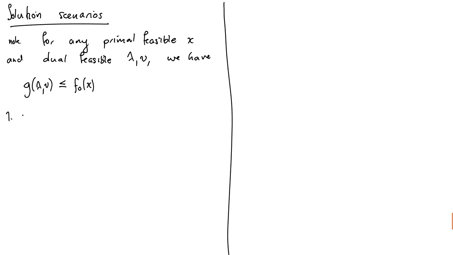Well, we know that g is a lower bound on f naught of x star, so it's definitely a lower bound on f naught of x. I'm just going to fix that in my notes because I had it back to front.